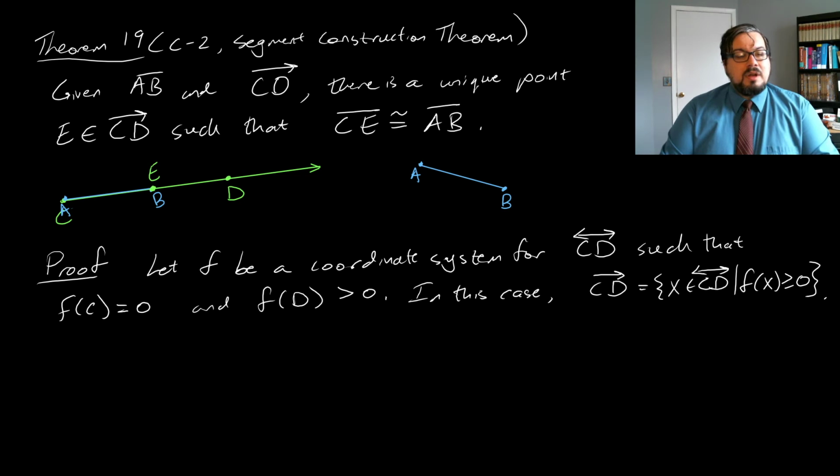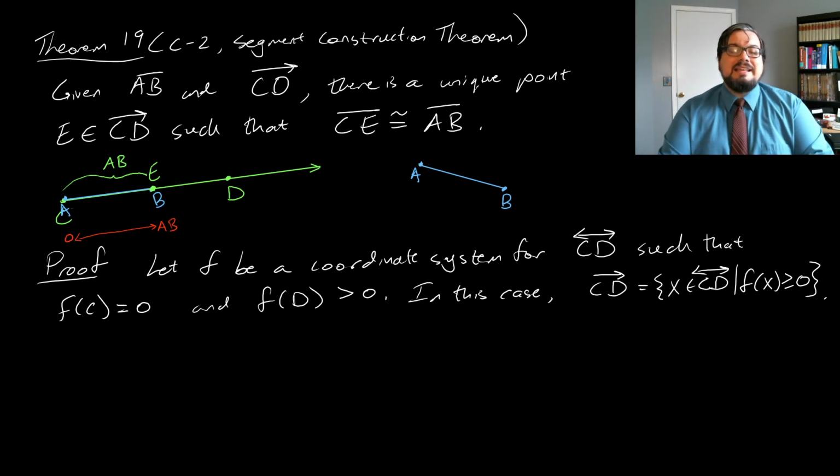So now we want E to be a point on the ray such that the distance from C to E is the same as the distance from A to B. So we want the distance from C to E to be the number AB. But this distance is also determined by the coordinate of E. Now C has a coordinate of 0, which means that the distance from 0 out to E is just the coordinate of E, which means that we want E to be a point on the line which has a coordinate of AB, the number AB.